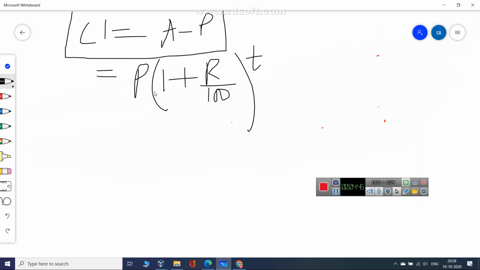So today's topic is all about compound interest. So CI equals P(1 plus R divided by 100) to the power T minus P.